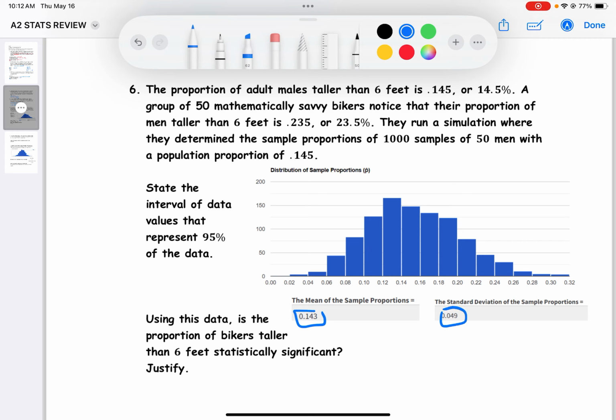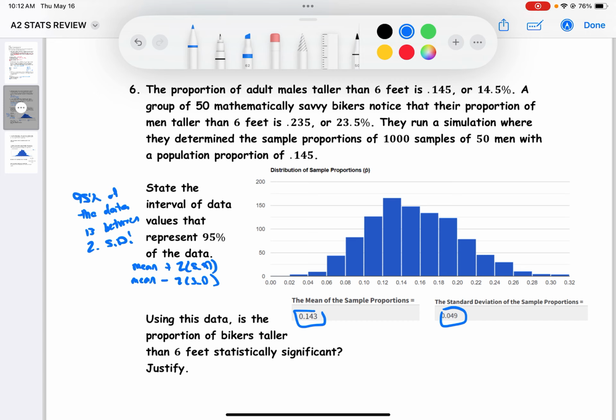So to find the 95% confidence interval, you've got to remember that 95% of the data is between 2 standard deviations. So I'm going to take my mean and add 2 standard deviations, and I'm going to take my mean and subtract 2 standard deviations, and that's going to give me that interval that I really want.